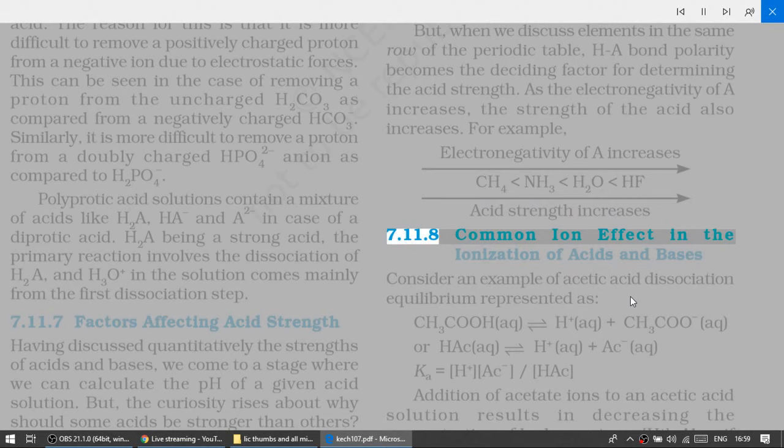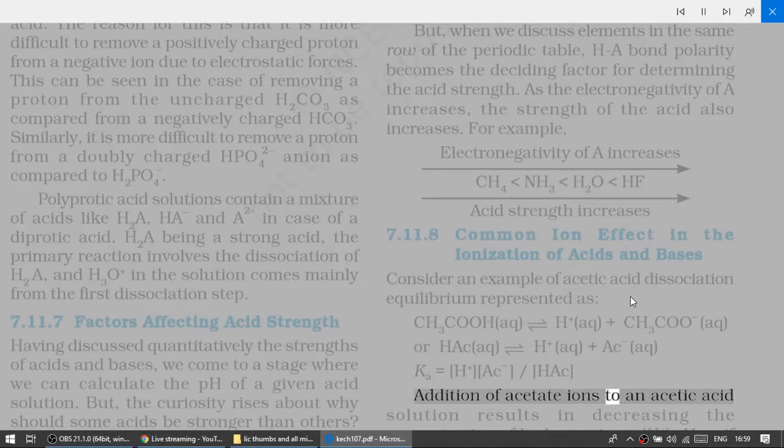7.8.1 Common ion effect in the ionization of acids and bases. Consider an example of acetic acid dissociation equilibrium, represented as CH3COOH(aq) ⇌ H⁺(aq) + CH3COO⁻(aq), or HAc(aq) ⇌ H⁺(aq) + Ac⁻(aq). Ka is equal to [H⁺][Ac⁻]/[HAc].